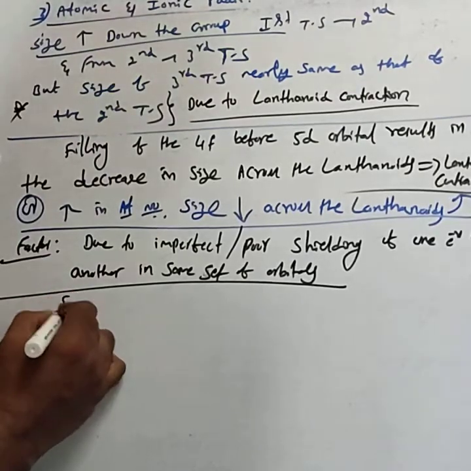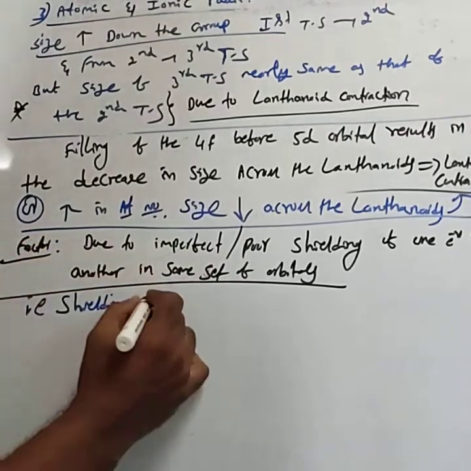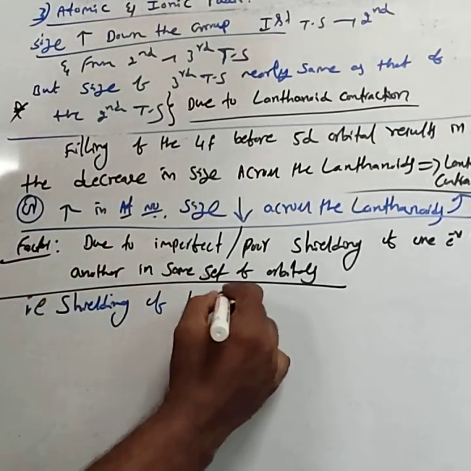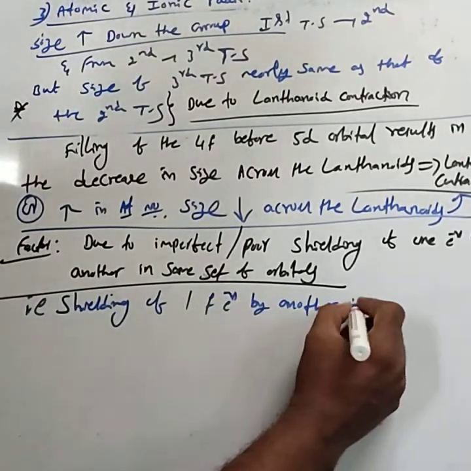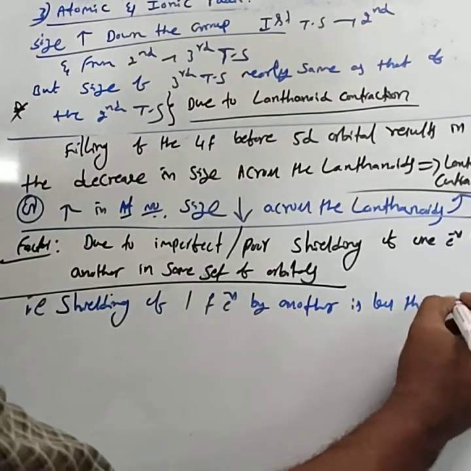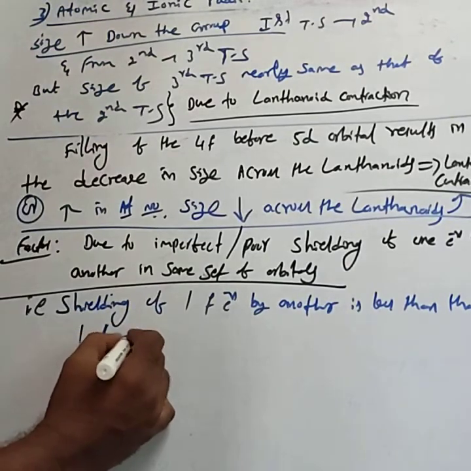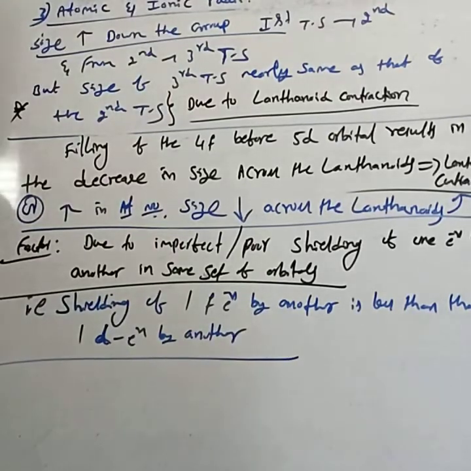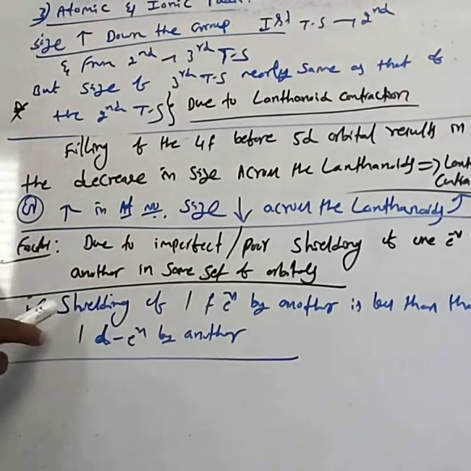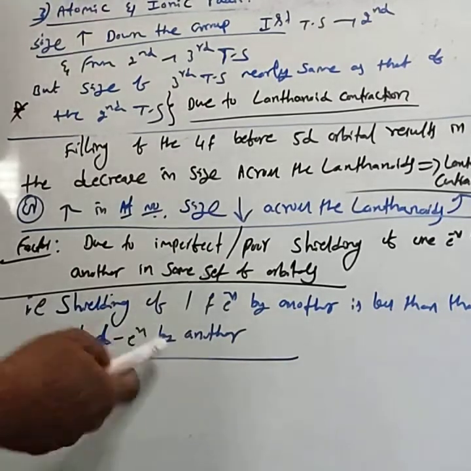That is, the shielding of one f electron by another is less than that of one d electron by another. This is the factor responsible for the lanthanoid contraction.